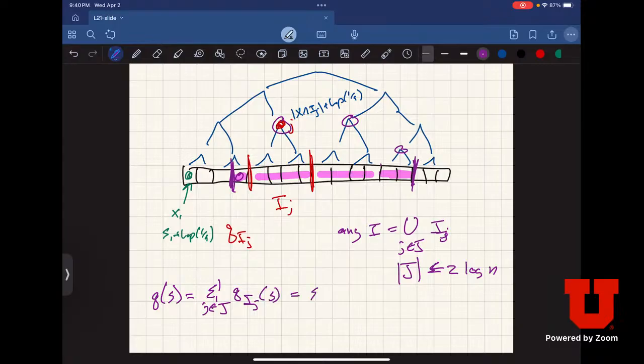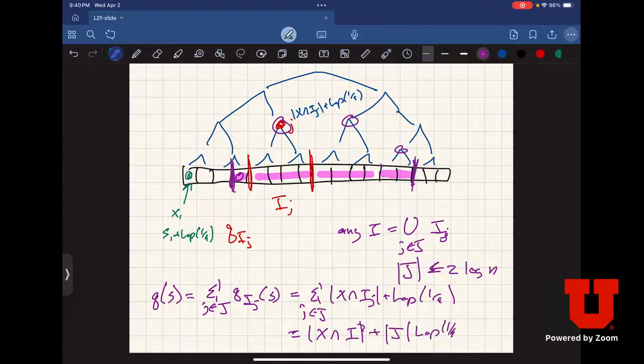Which is going to be stored as the sum over j in J of x intersect I_j plus some Laplacian noise, 1 over epsilon. And so this will be equal to x intersect I, the full interval, plus now |J| of these Laplacian 1 over epsilon. Because they're independent, I can add them up and put this under a square root.